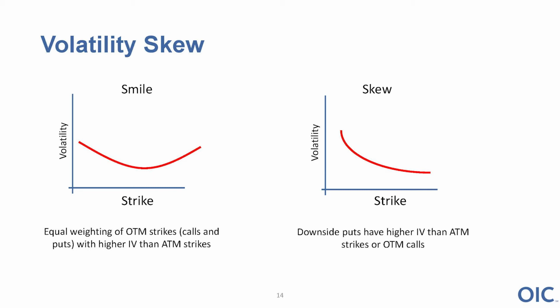Now, does this exist in all products? No. Most products have the skew you see on the right-hand side, but there are certain products where the skew is actually backwards. Products like the VIX, where they trade options on the VIX.